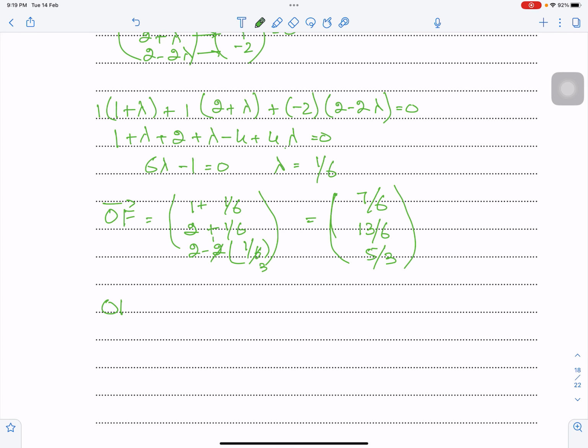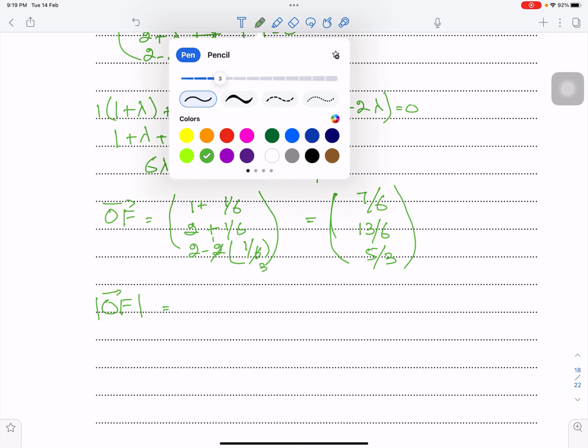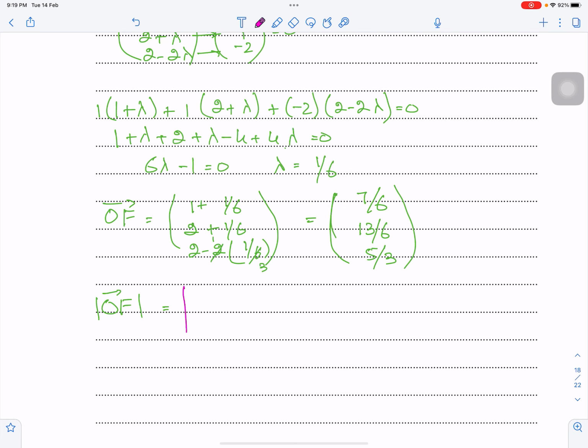Now to find the shortest distance, I need the modulus of it. So it will be 7 over 6 squared plus 13 over 6 squared plus 5 over 3 squared. You can use the calculator now.